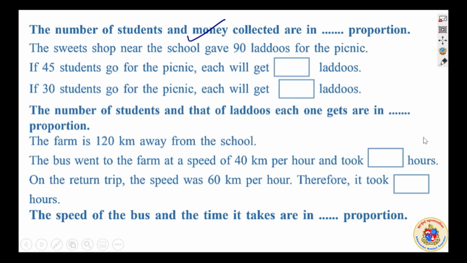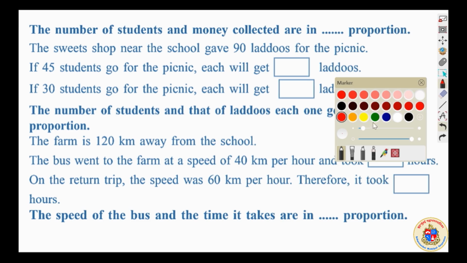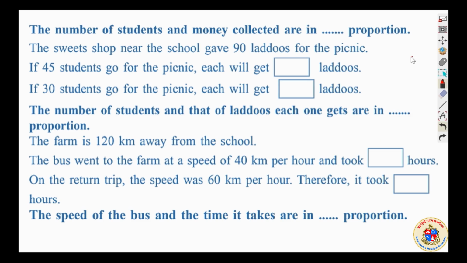The number of students and the money collected are in direct proportion. Okay, you write direct here.